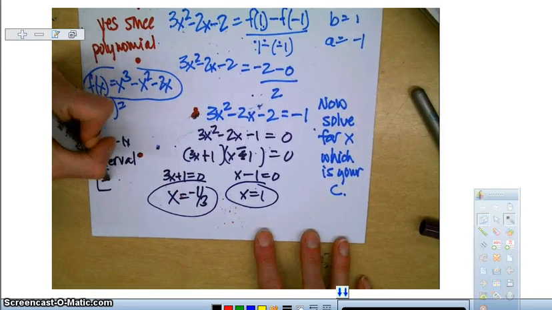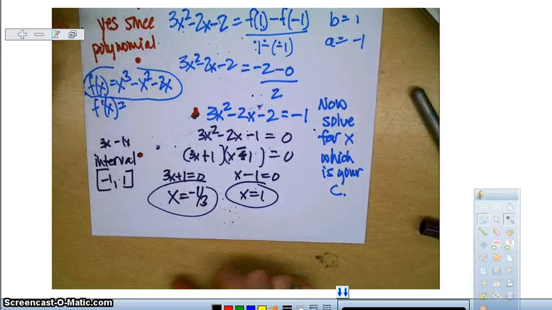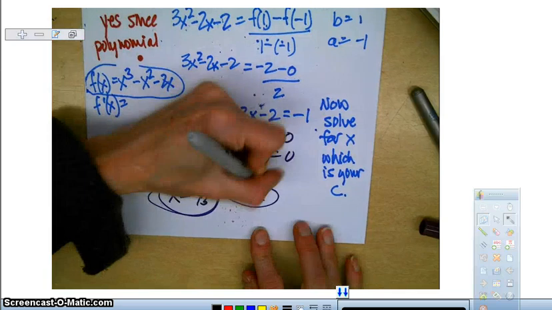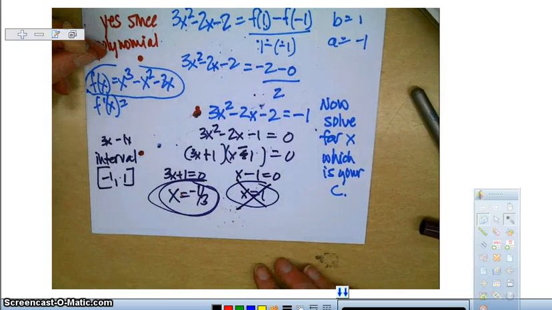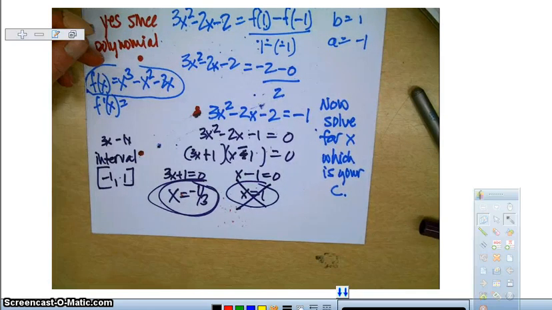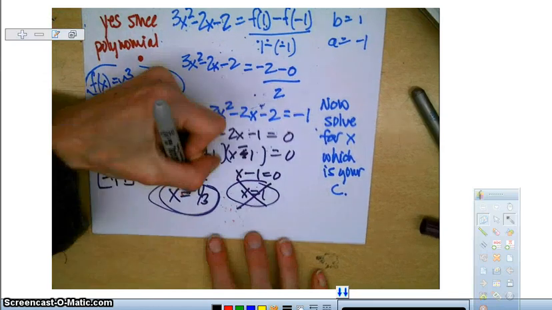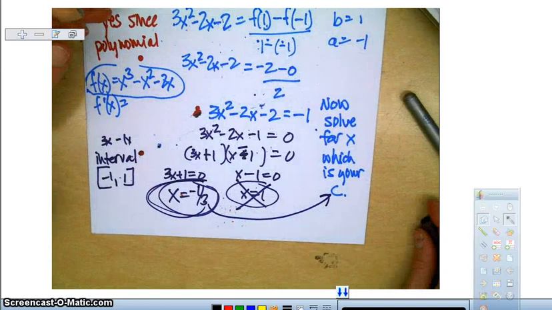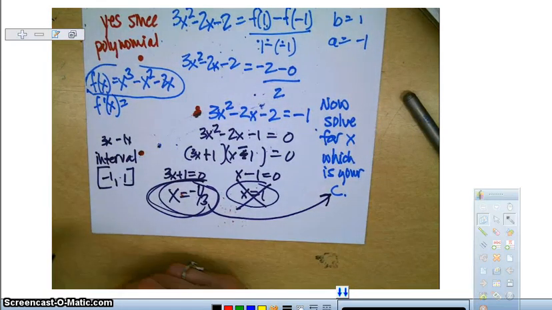The interval was negative 1 to 1. Which of these is in the interval? Negative 1/3 is. Why wouldn't 1 be the answer? It is an endpoint. If it is an endpoint, it's not within the interval. So the correct c value is negative 1/3. And if you just write x as negative 1/3, that's fine with me.